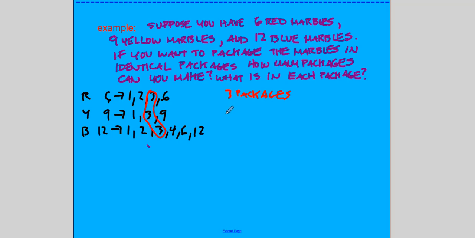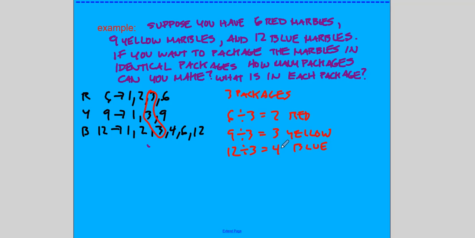Well, I have 6 reds. 6 divided by 3 is 2, so I'm going to have 2 red in each package. Then 9 divided by 3 is 3, so I have 3 yellow marbles in each package. And then 12 divided by 3 is 4, so I have 4 blue in each package.